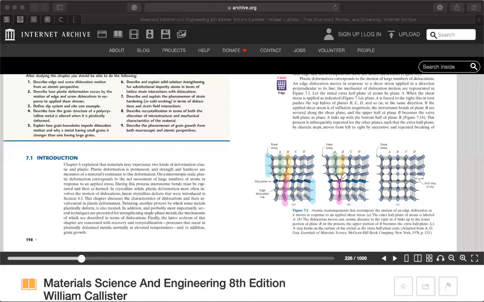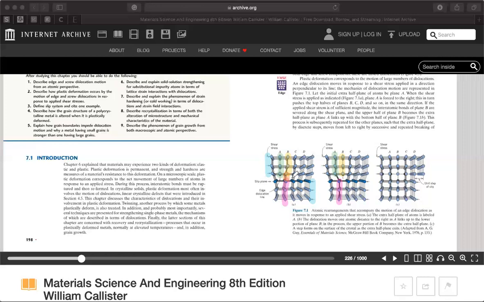When we apply enough shear stress, that means the shear stress has to reach a certain value. If you reach that value, then you will be able to break the bonds, as Ali said, and the dislocation will be able to move from one point to another.